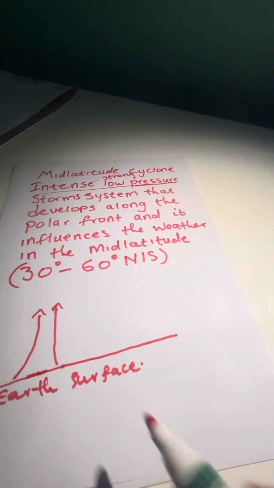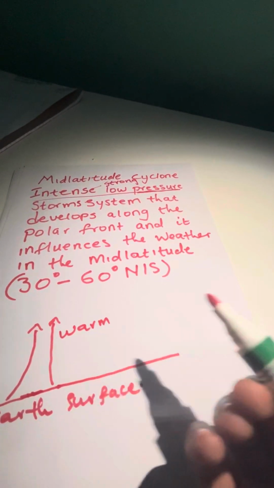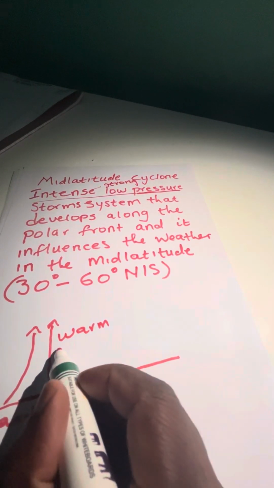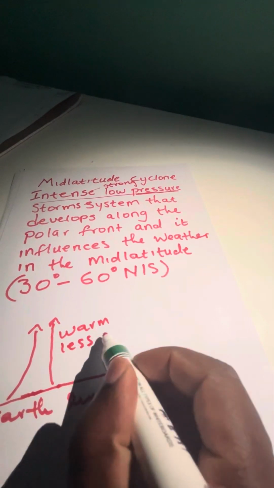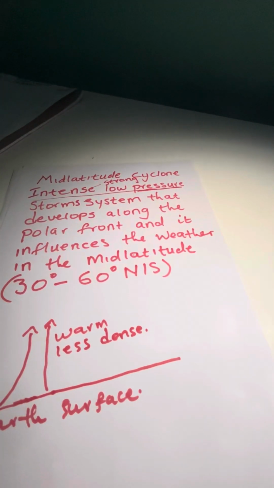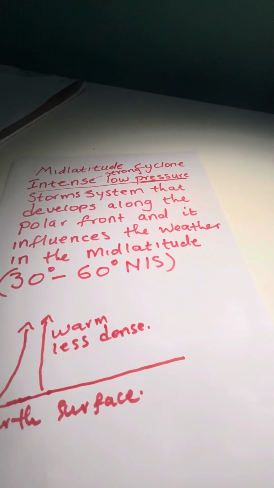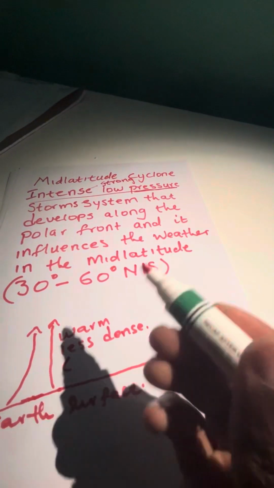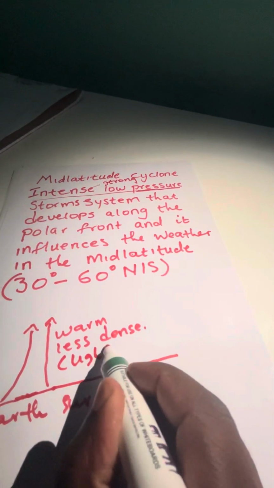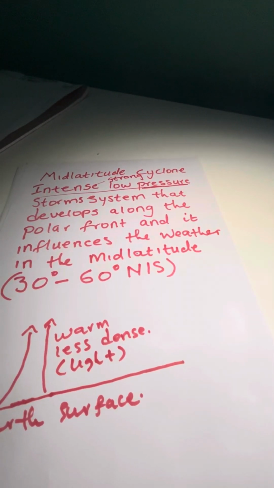This air will rise because it's warm. We know that warm air is less dense, which also means that it's light, which means that it will be easy to lift up.